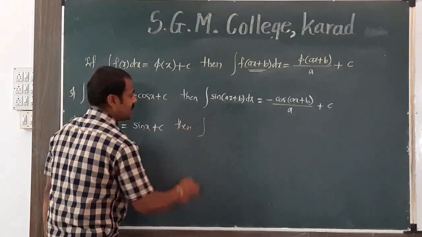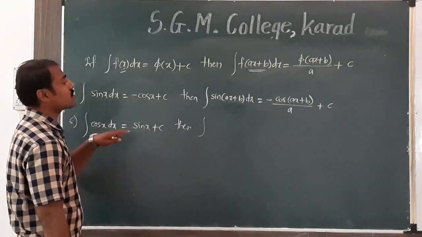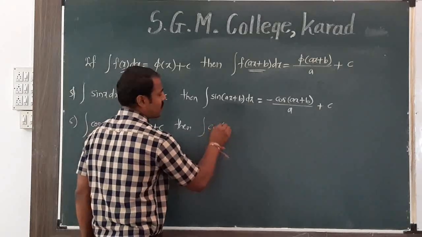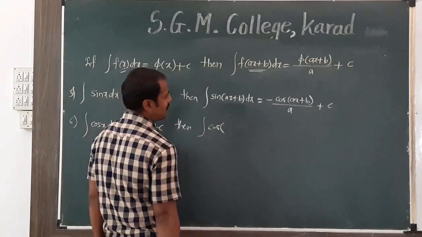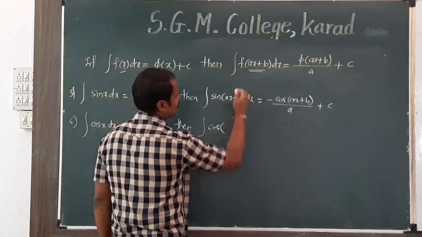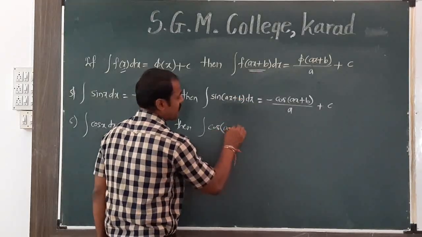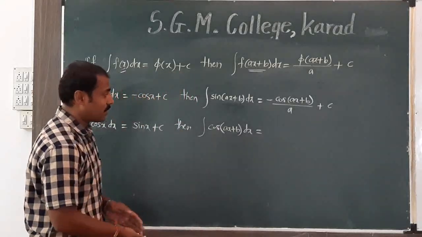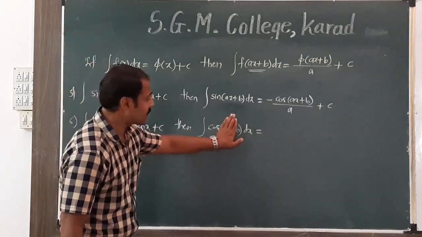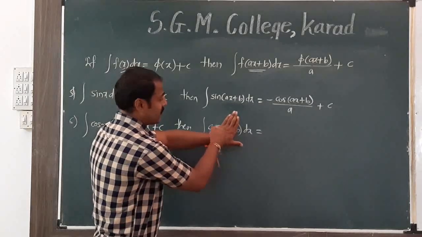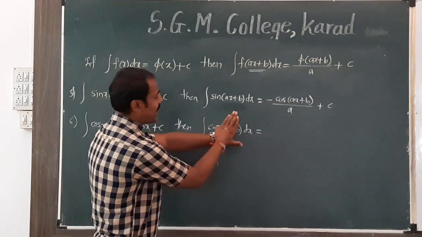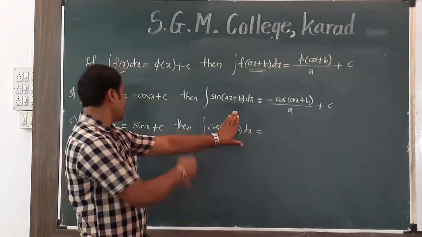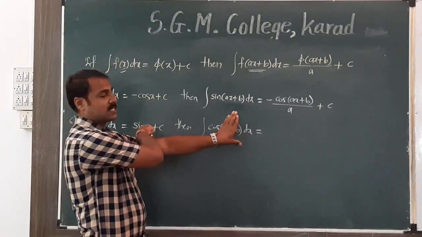Then we find the new formula for integration of cos of a linear expression, that is, a linear expression that can be expressed as ax plus b. Cos of ax plus b dx is equal to. Remember, consider ax plus b as x. It looks like cos x dx. Integration of cos x is sin x.